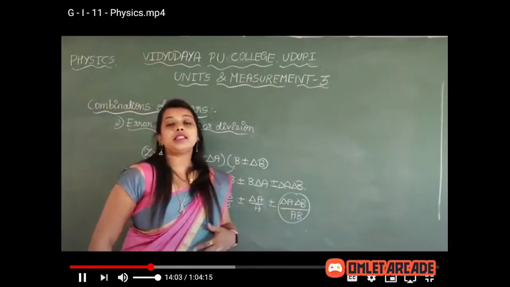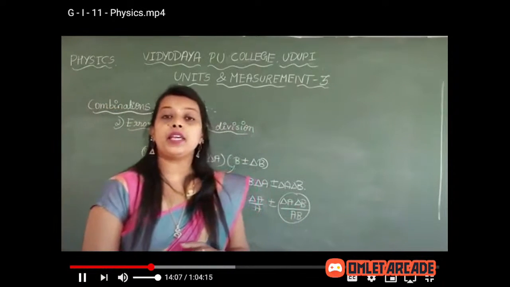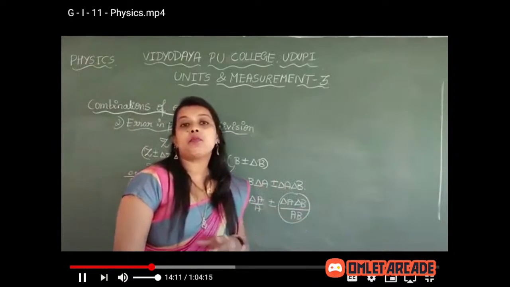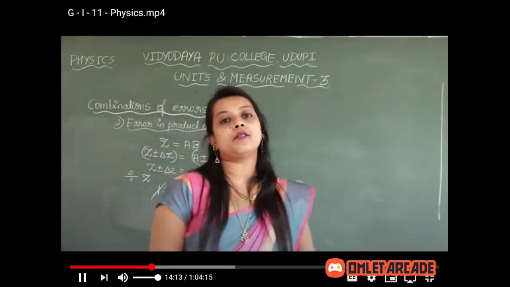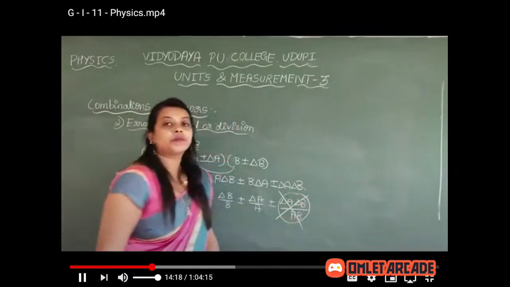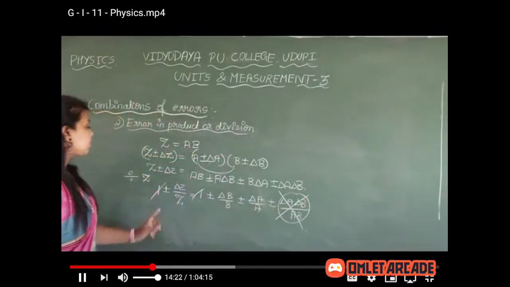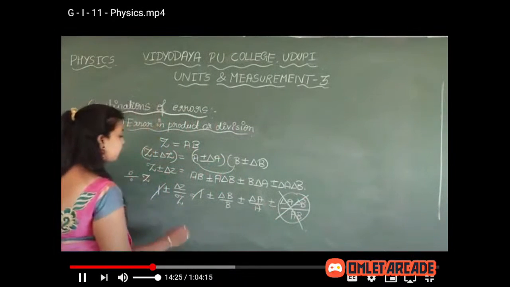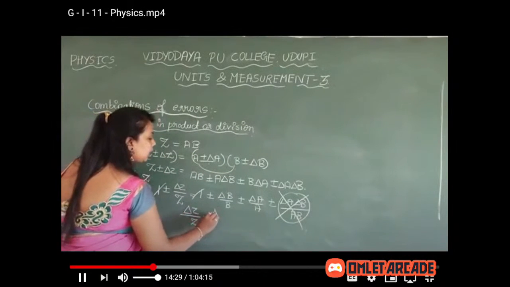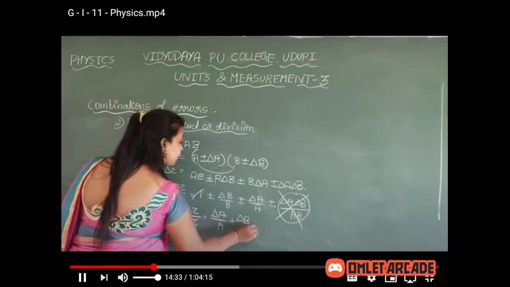Delta A is very small, you know that, and delta B is also very small. When you multiply very small numbers, you again get a very small number, so you can neglect this higher term. So what is remaining now? The final expression is delta Z by Z is equal to delta A by A plus delta B by B.